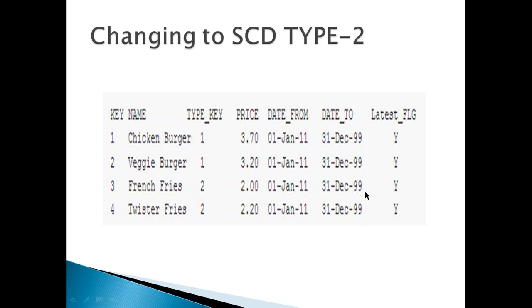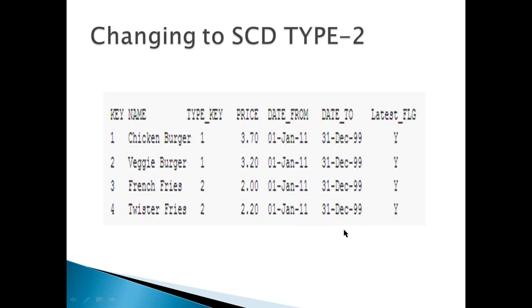Okay. Now, after this is happening, I'll add a new record to my table. The key will be 5. The name will be French fries. The type key will be 2. The price will be 3. Okay. And the date from will be 1st December 99 to some future date.